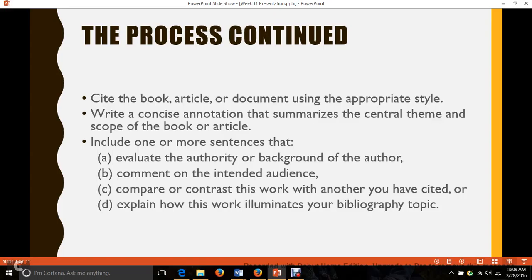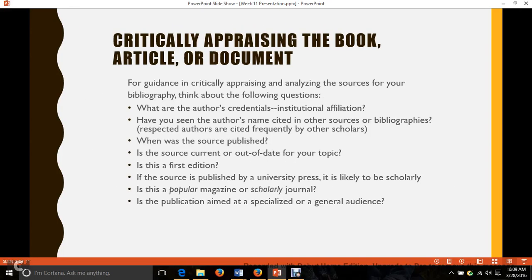And really, when we look at sources, we want to be able to understand whether or not that source is reliable and if it's relatable. So those are the two things I want you to think about: reliable and relatable. So here are some questions that you could think about when you're determining whether or not the source is reliable and relatable.